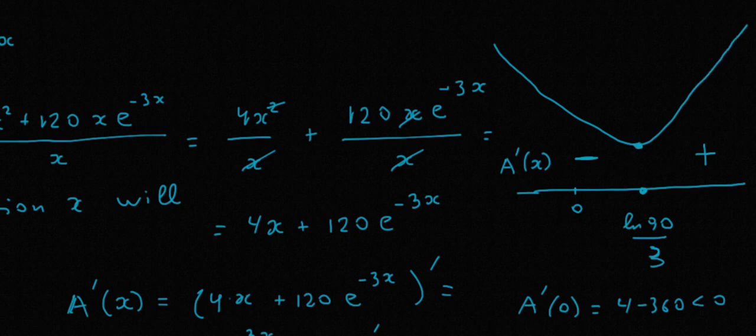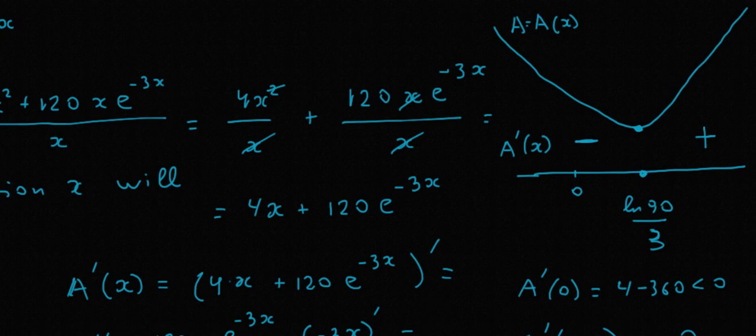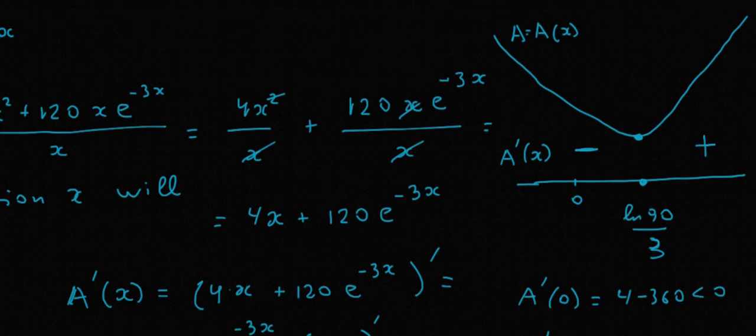And so we see that the minimum value of this function is reached at this critical point. Okay. And so our answer is that the minimum average cost per unit is reached when the production level x equals natural log of 90 divided by 3. And this can, of course, be calculated using a calculator.